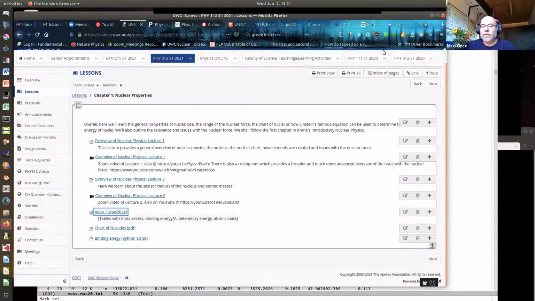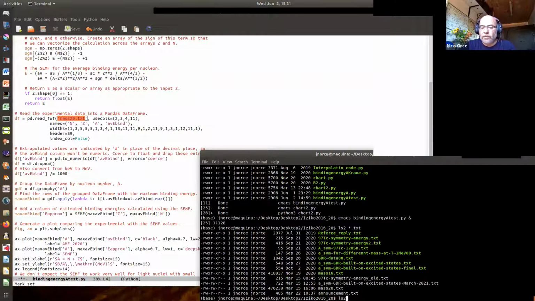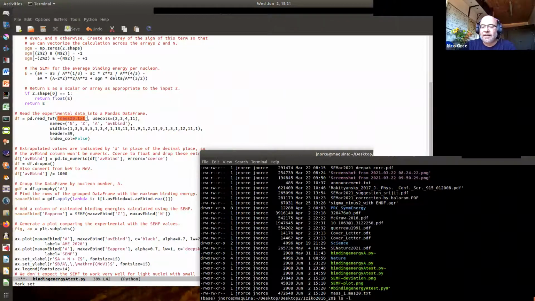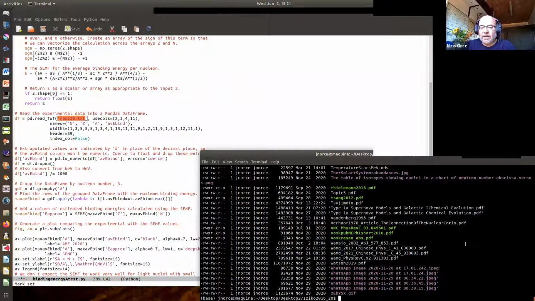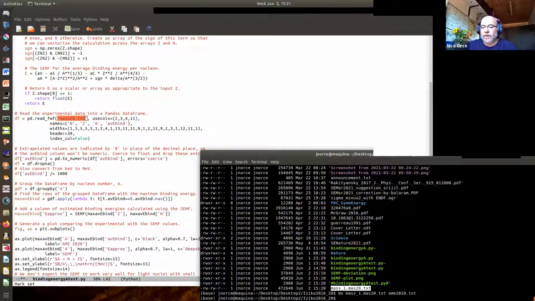Then if I go to the Python code, I will just do ls -lrt, and this is the latest file I put into this directory. Then I can move this file and call it atomic mass evaluation 2020.txt.